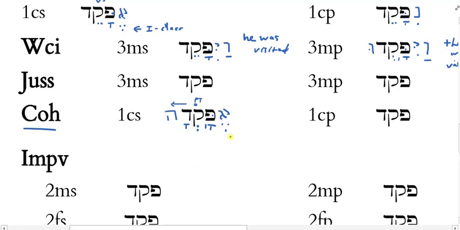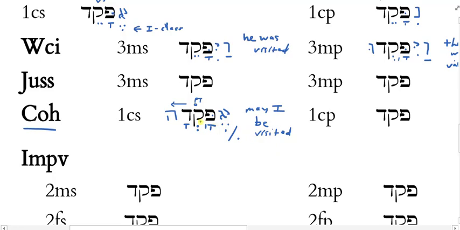I could also see a hireq here. Ippaqedah, as you know. So segol or hireq are both possible. They're still I-class vowels. Okay? How will I translate this? As a cohortative, may I, but it's not active. It's not may I visit. It's passive. May I be visited or appointed.